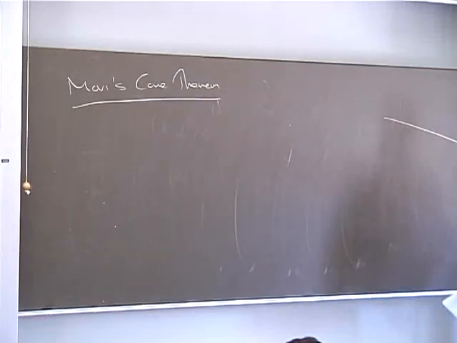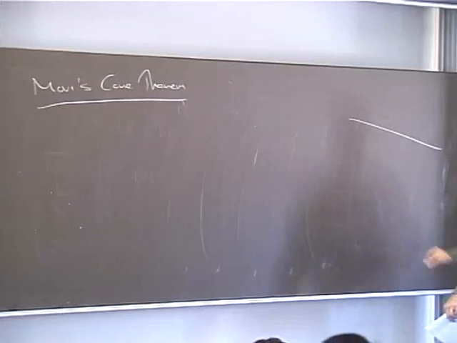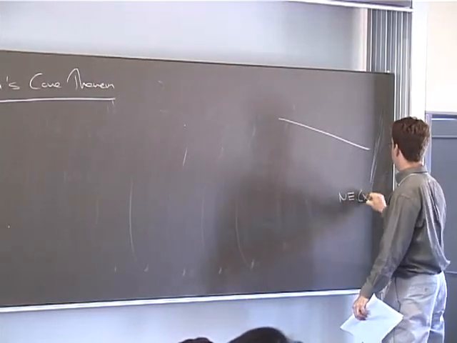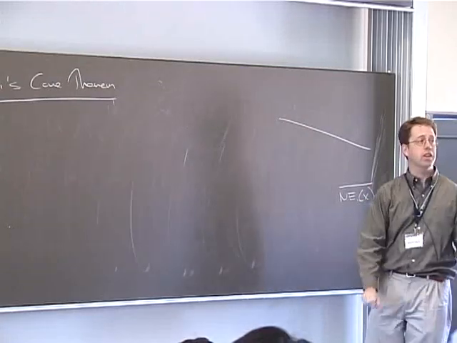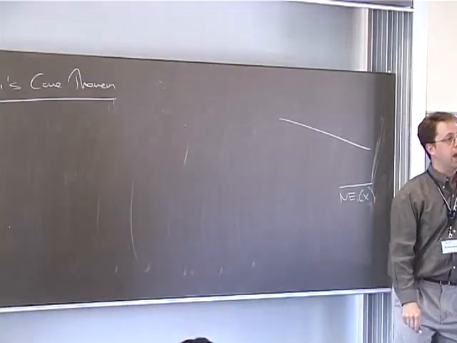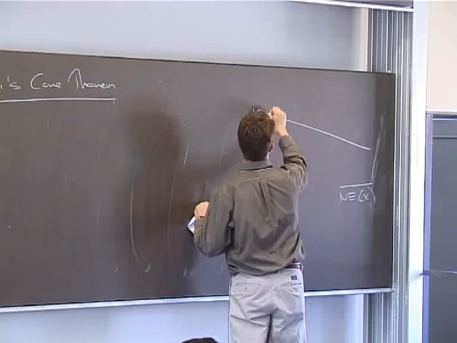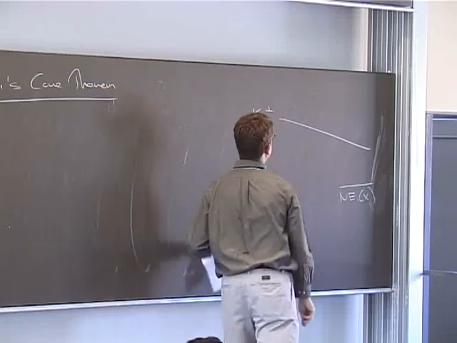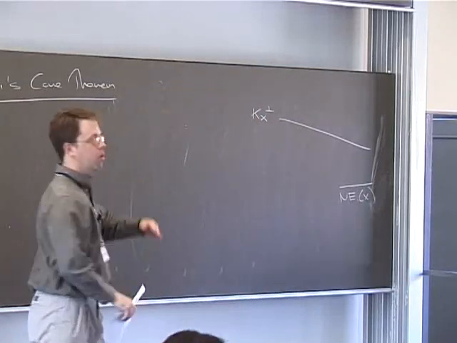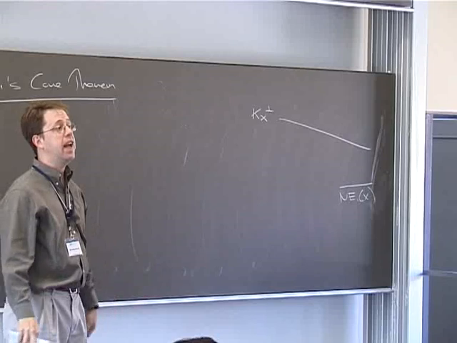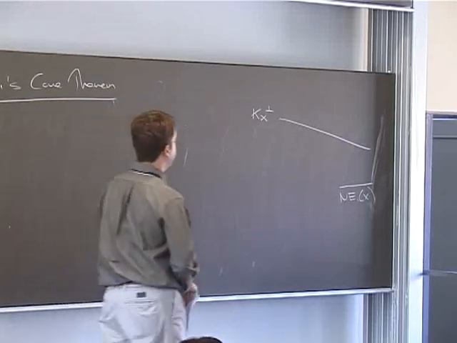So let me draw a picture. I want to understand the cone of effective curves. I have a line here, which is the orthogonal subspace to K_X, the things that intersect to 0 with K_X.